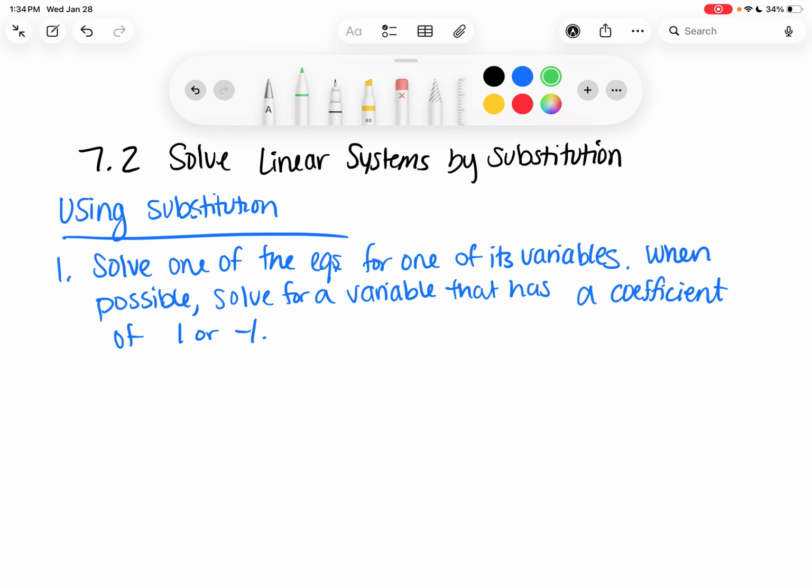So what that means is, if I had 3x plus y equals 7, I would want to solve for y because it's easier, because that y already has a 1 in front. Now that's not always an option. I don't usually use substitution if there's not a variable that's already by itself, unless I'm told I have to.